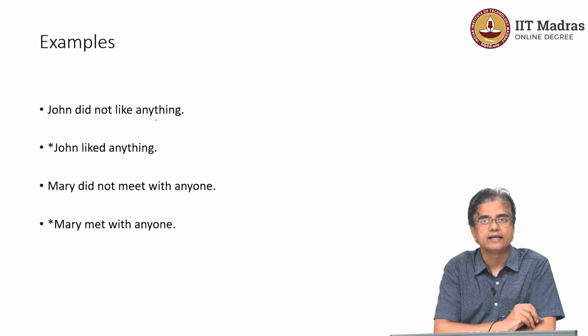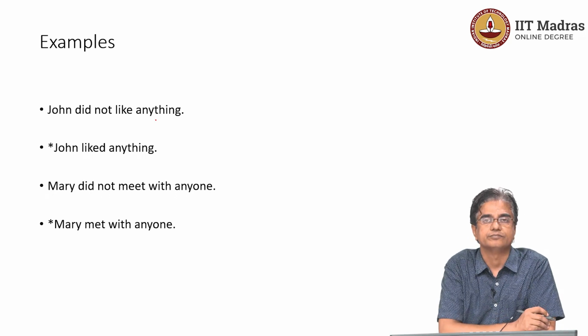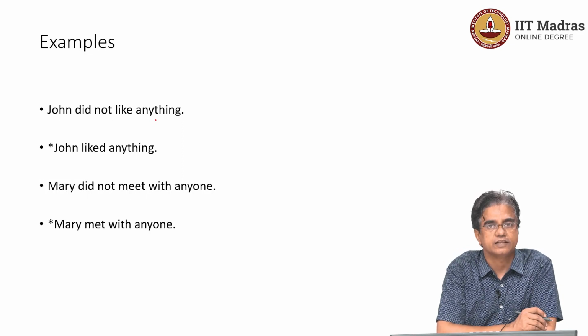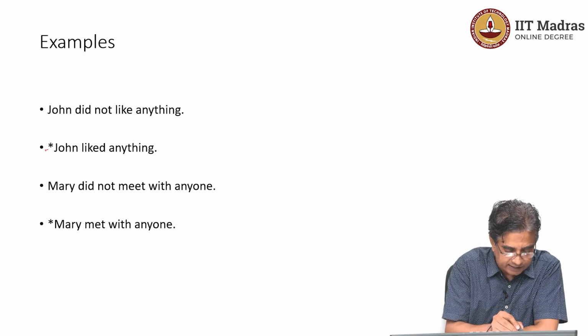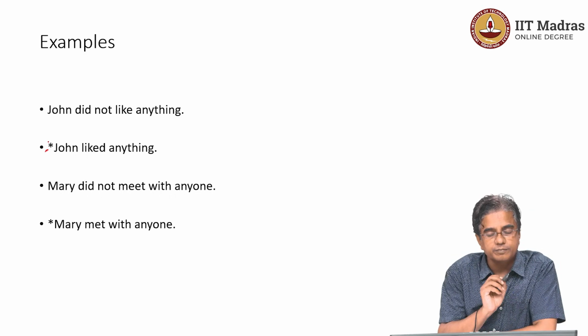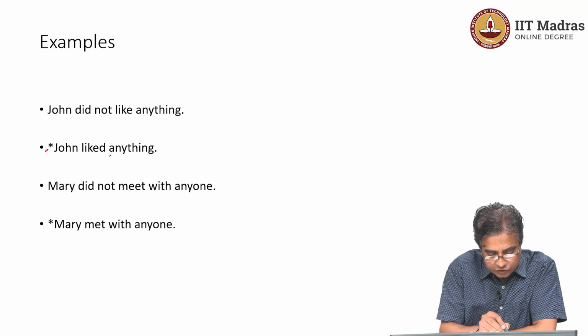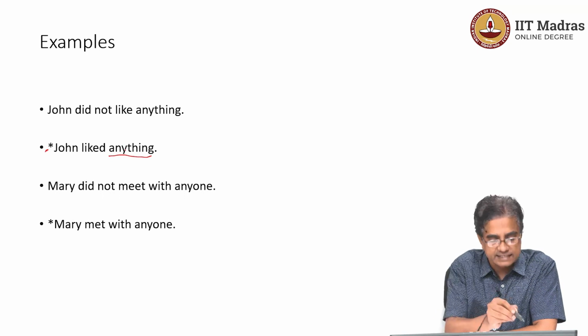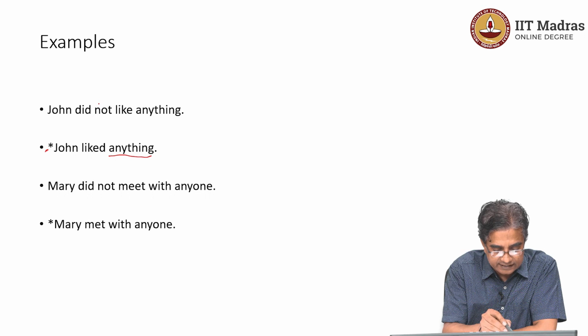We can never say John liked anything. This is not a good sentence in English, and therefore I am putting a star here. Not good means ungrammatical. What it means is, for anything to be used, the sentence must be a negative sentence.